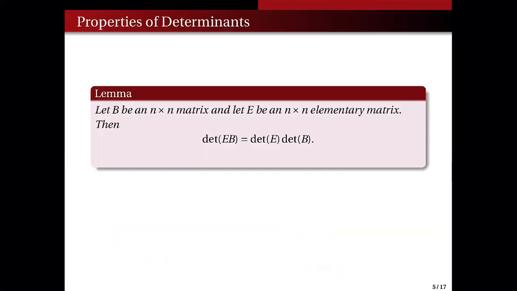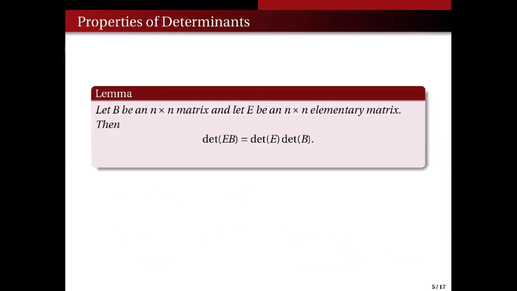So let us start with the following. Let B be an n by n matrix, and let E be an n by n elementary matrix. The elementary matrix is obtained by doing a single elementary row operation on the identity matrix.